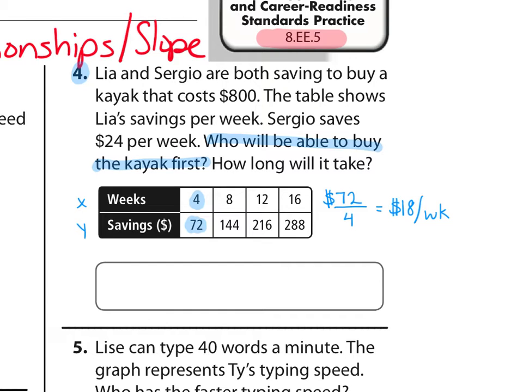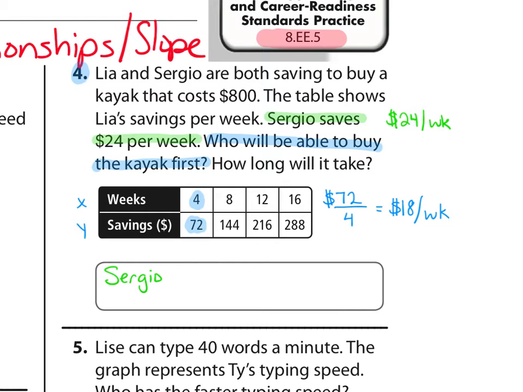And we already see up here that Sergio saves $24 per week. So we can already tell that Sergio will buy the kayak first, because he's saving more money per week.